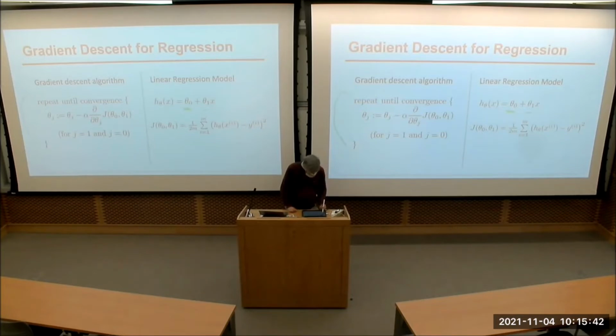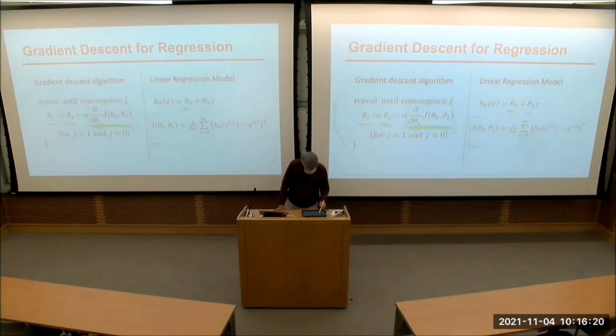For each parameter theta j, either 1 or 0, the new value is the old value minus the partial derivative at this point, which tells you how to make the target value go down. This is the partial derivative of the error function with respect to the jth variable.